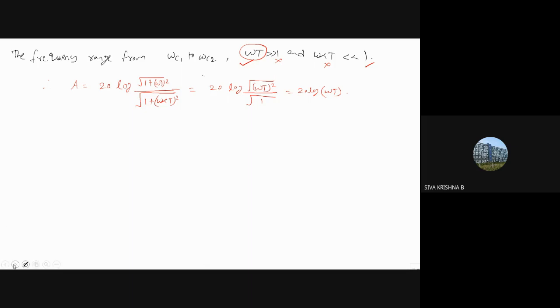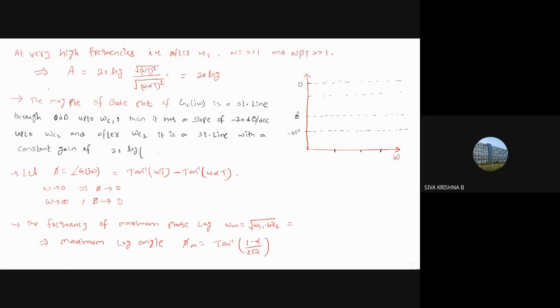So the next one, at very high frequencies, omega T is far greater than 1 and omega alpha T is far greater than 1. Tell me the answer.